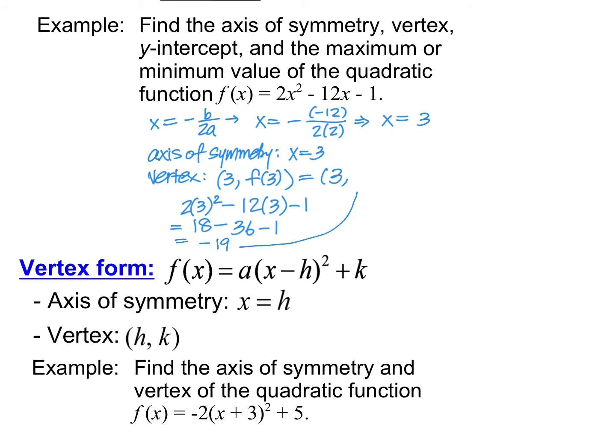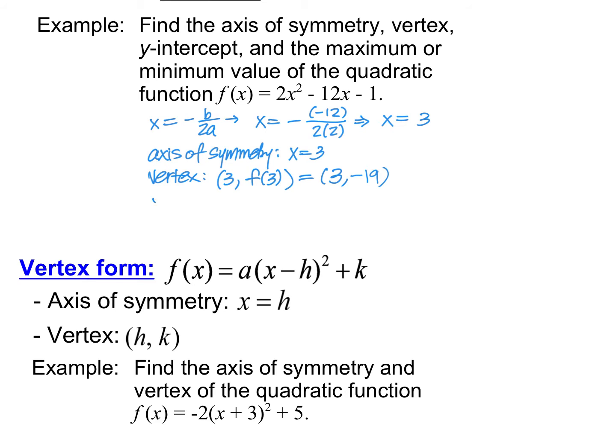So you put this negative 19 over there and you get your vertex, (3, -19). Now I'm going to erase this so that I can continue. That was just some work that we wrote.